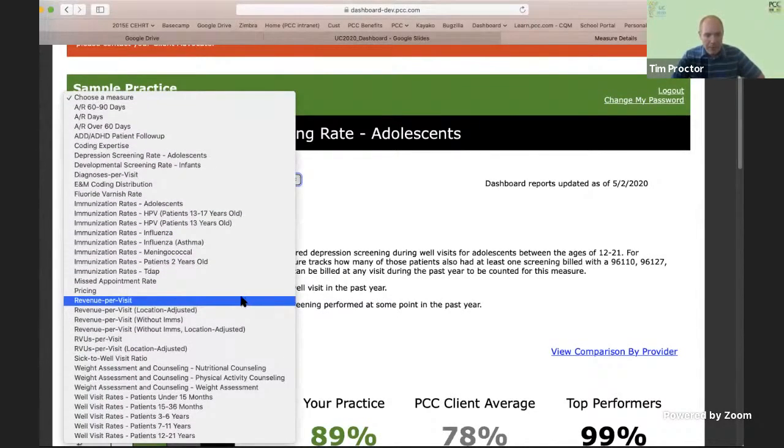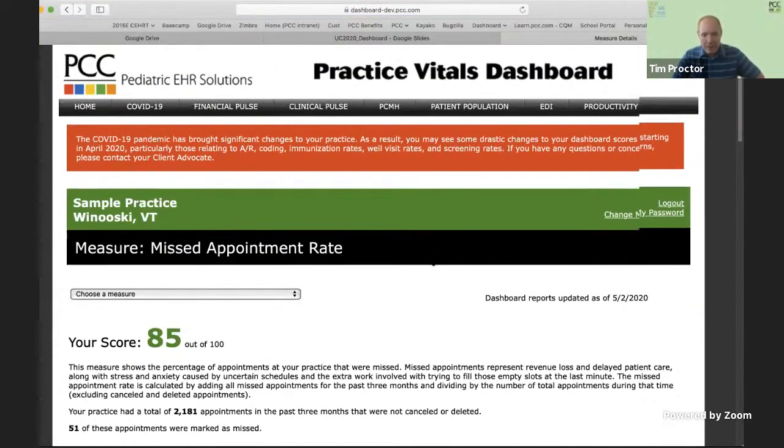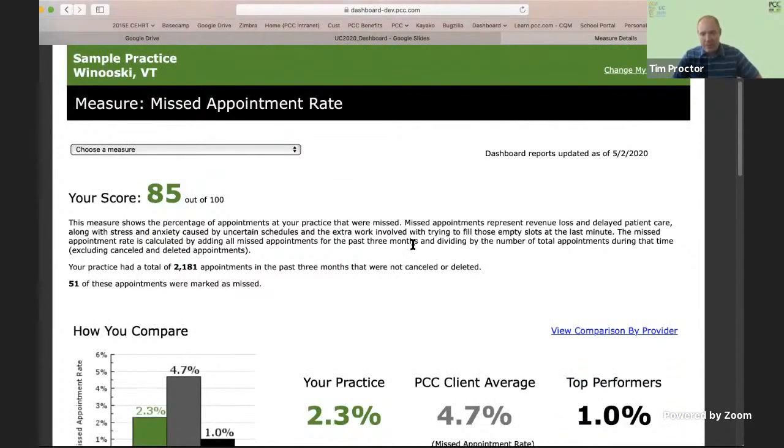Other measures in here. So missed appointment rate is another good one to keep an eye on. We show missed appointment rate in the dashboard. We changed this a year or so ago to reflect appointments over the past 3 months only. We used to look at a whole year's worth of appointments for this.